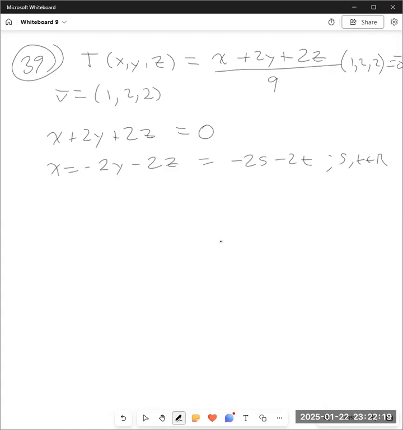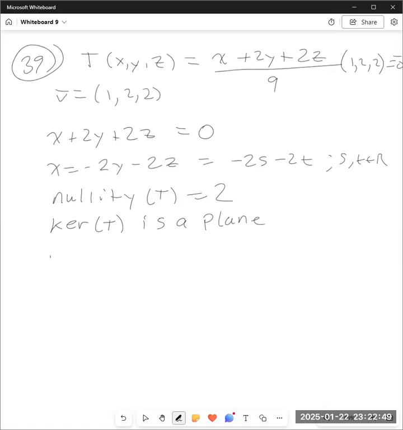So two parameters or 2 free variables. So the nullity of transformation T is 2. The kernel of T is 2-dimensional, so it is a plane.